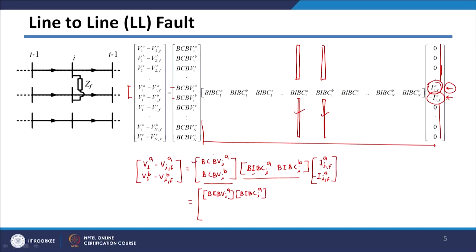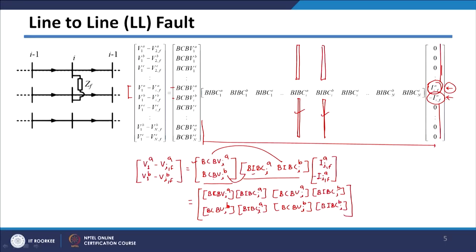Then if you multiply this with this, I will get another term, that is BCBV IA multiplied by BIBC IB. Then the third is BCBV corresponding to A phase and BIBC corresponding to A phase, and the fourth element is BCBV corresponding to B phase and BIBC corresponding to B phase.